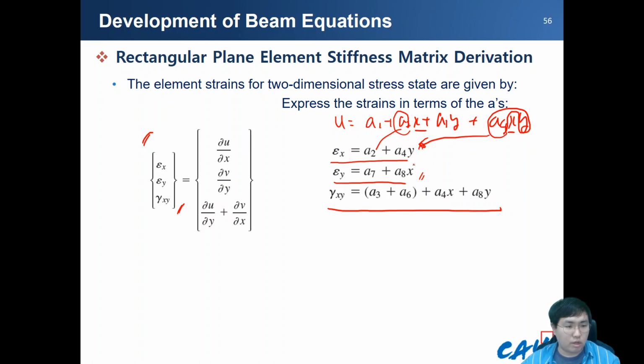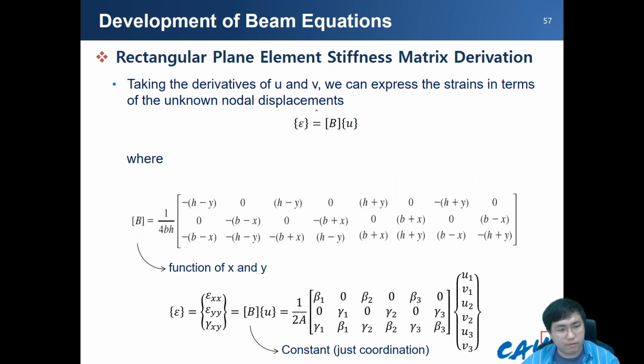Thus, the strain in the x direction is a2 plus a4y, and the strain in y is a7 plus a8x. Compared to the triangle element, can you remember the strain in the x direction? It was beta 1 in the triangle element, and y was gamma 1, or beta i and gamma i depending on the coordinates. Those values are constant, but here the strains are also functions of the x and y independent variables, so this is a slight difference.